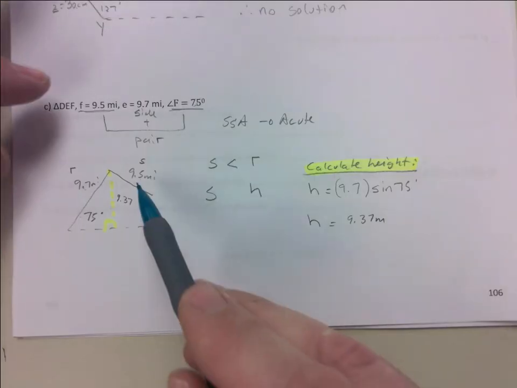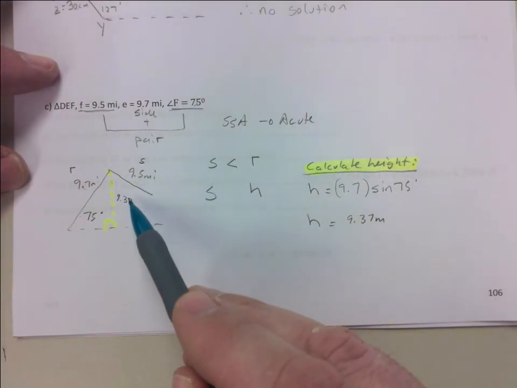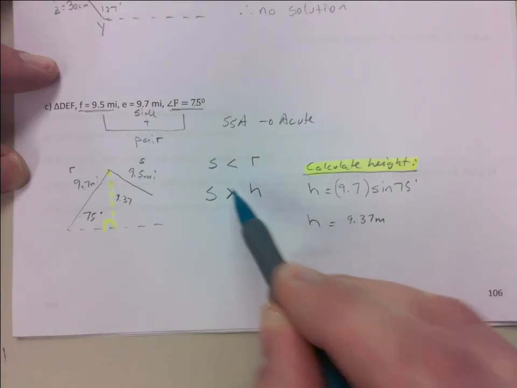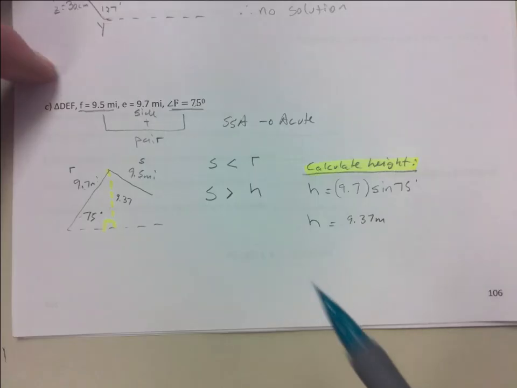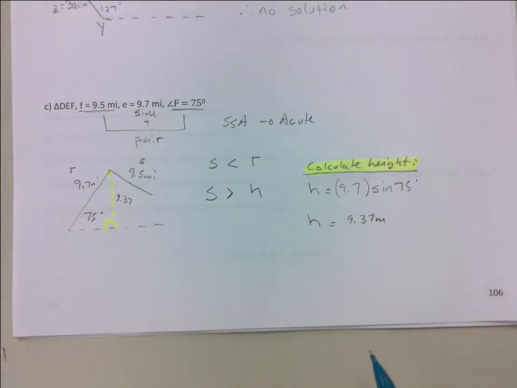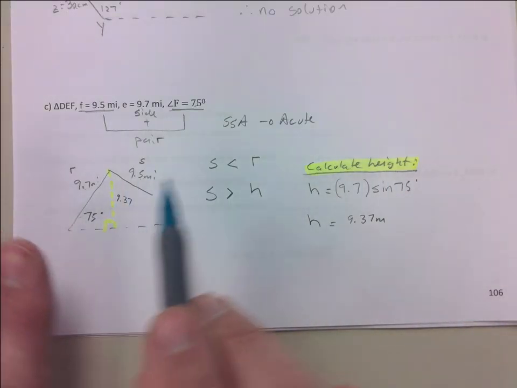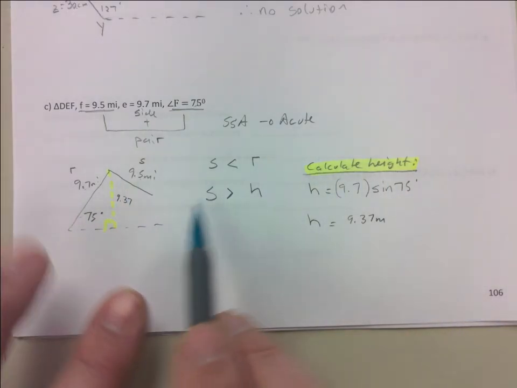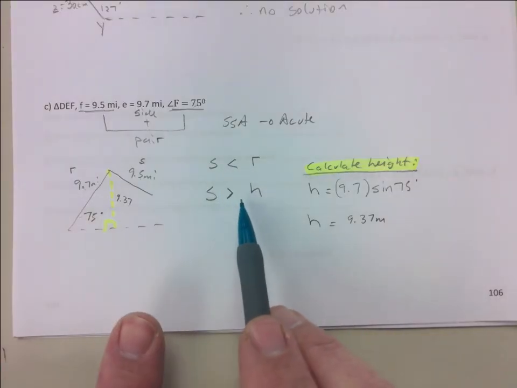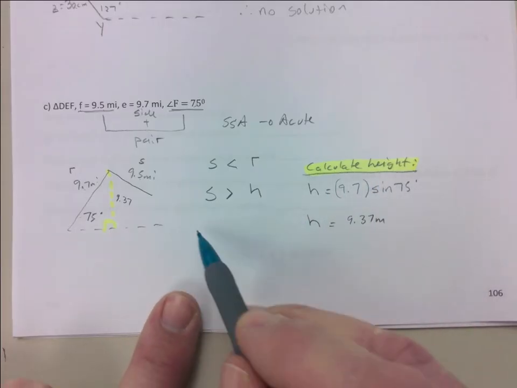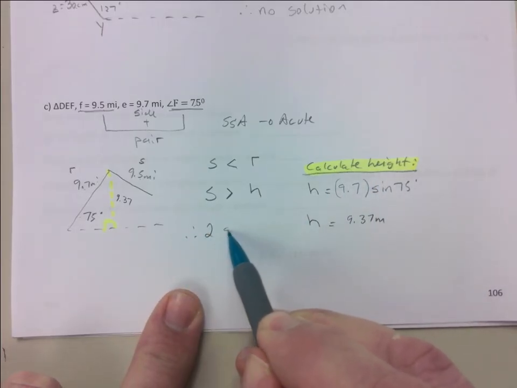And you got to look at the string and the height now, and you realize that the string is greater than the height. So this is your justification coming to your final conclusion. So this would all be part of showing your work. Okay, your diagram, telling me how you are comparing string and the rod, as well as the calculation of your height. So in this case, there are two solutions.